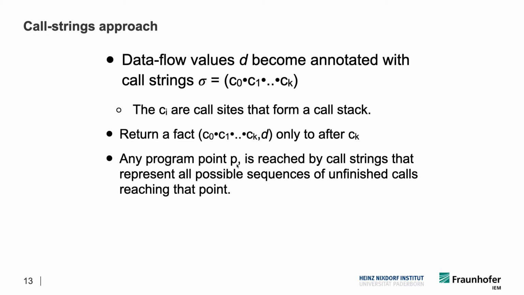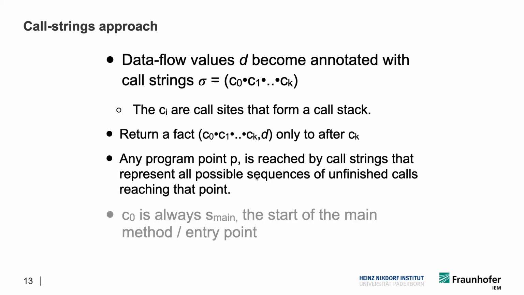So basically, when you exit a certain procedure and you return such a data flow fact to its caller, then you will pop off the current call frame, the top call frame of the stack. So basically shrinking the stack again, and therefore all the stacks that reach a possible program point are just the ones about unfinished calls that have not yet been popped off, so to say.